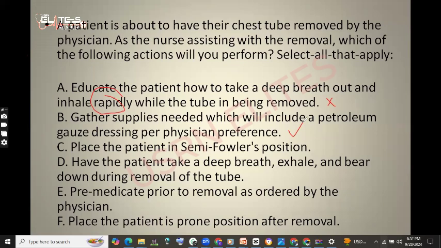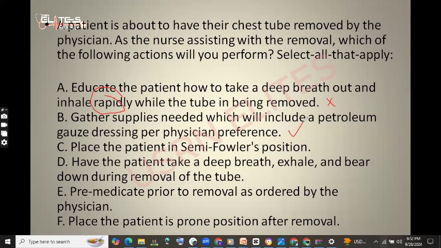That doesn't mean that is the right thing. Some people even use Vaseline. I know it's improvisation, which is not proper. They smear it on the gauze and use it over there.